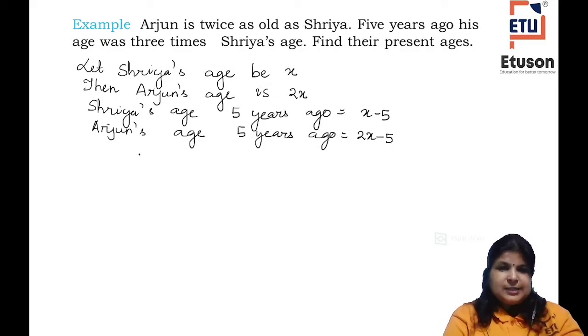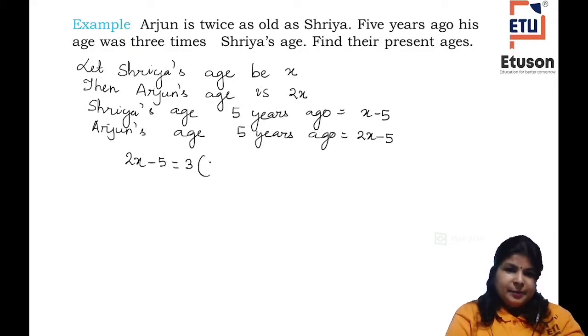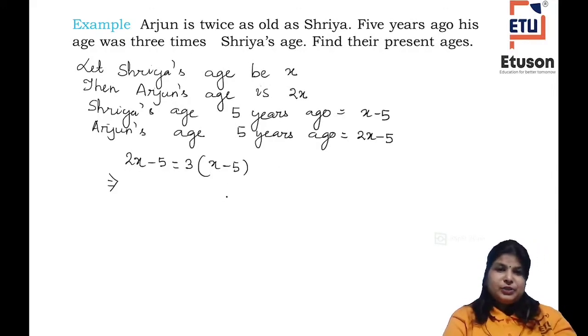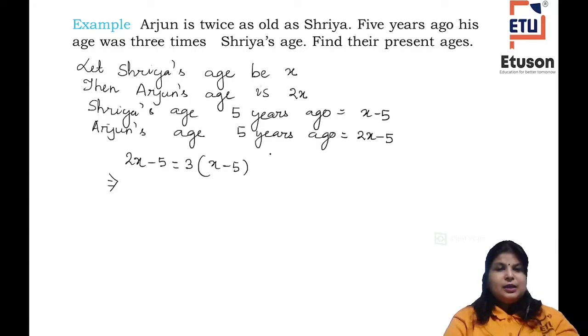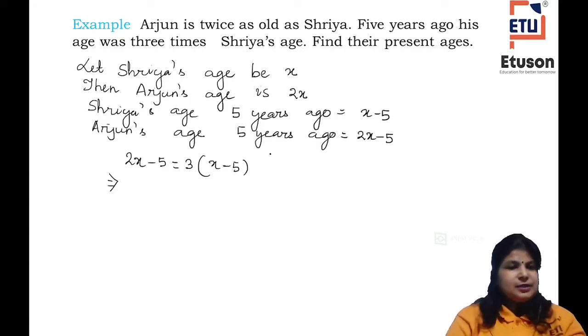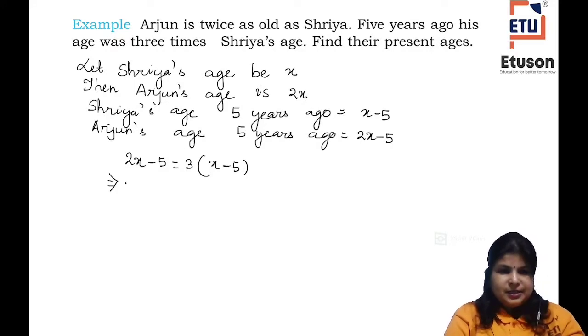So that means 2x minus 5 is nothing but 3 times (x minus 5). Correct or not? This is the equation you need to solve to get the value of x. If you reach this equation, half of the problem is solved. So let us solve this equation now.